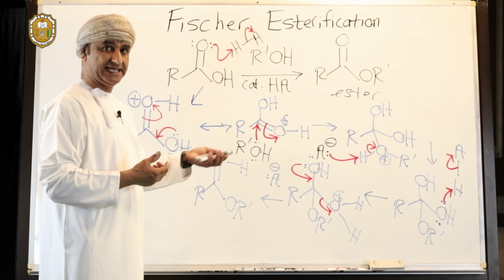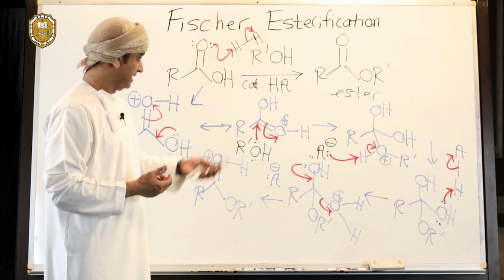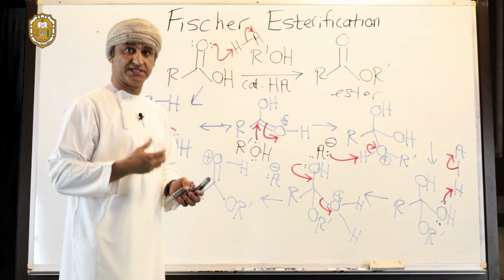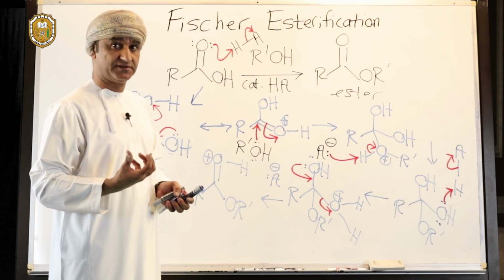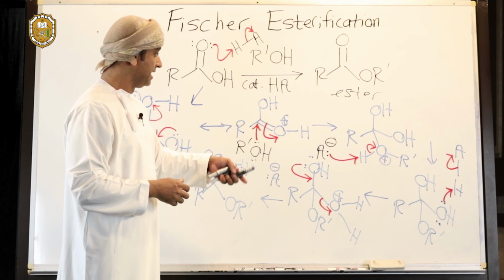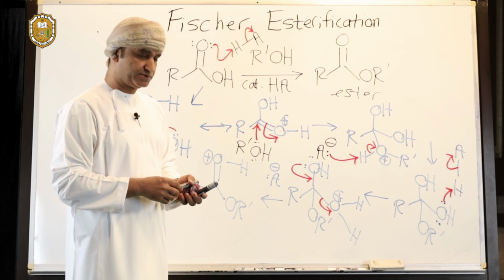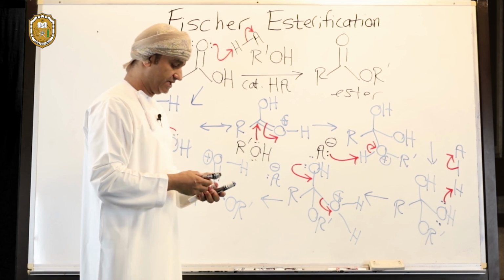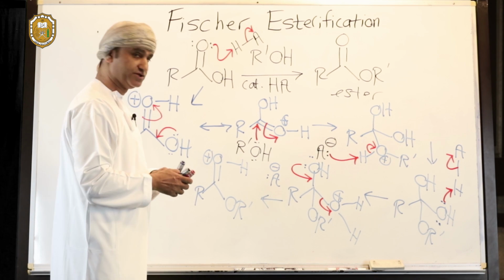Remember, if it's HCl, then it's Cl minus. If it is sulfuric acid that was used as an acid, then it is the hydrogen sulfate ion that acts as a base in this step, and in all of these steps which require deprotonation by a conjugate base.